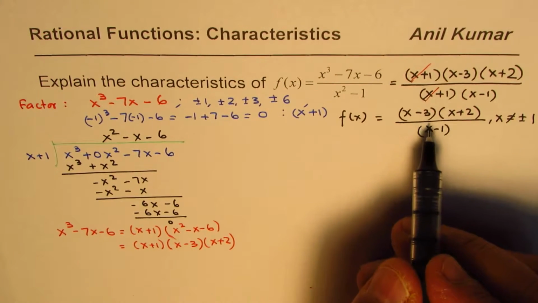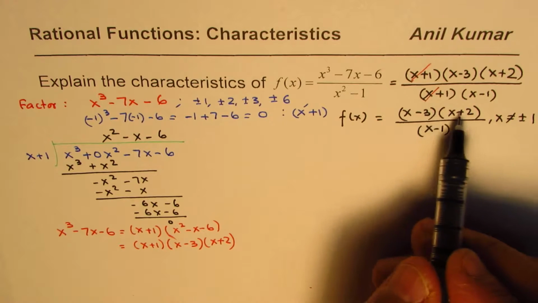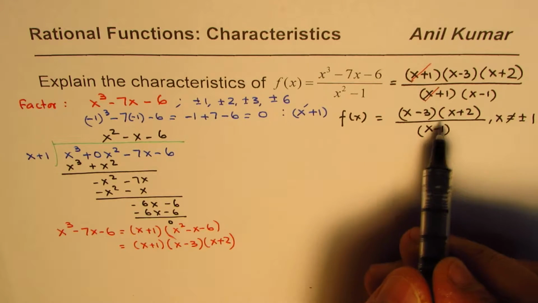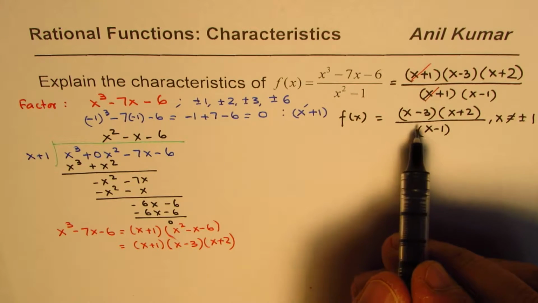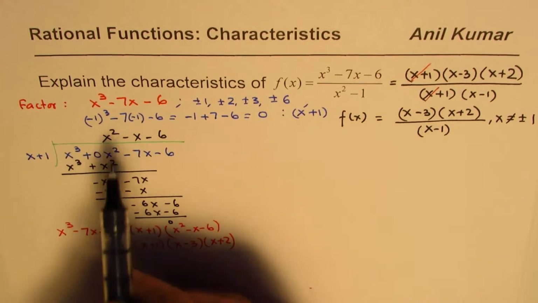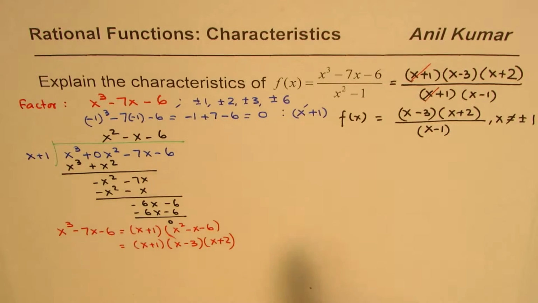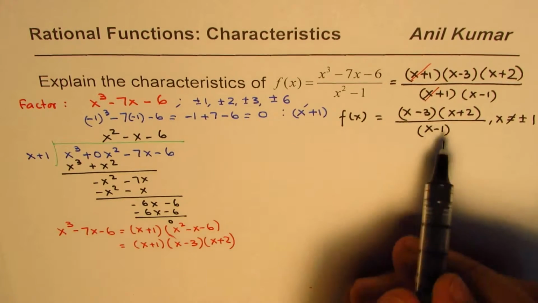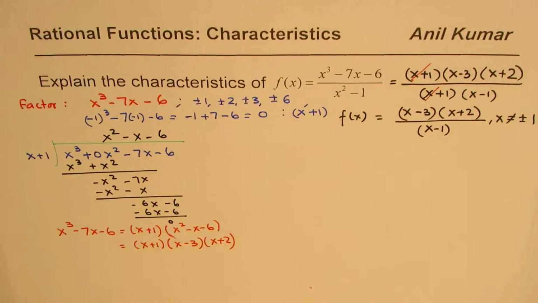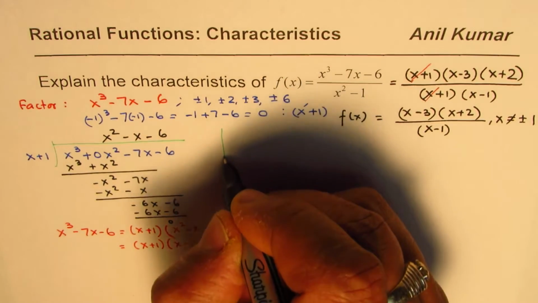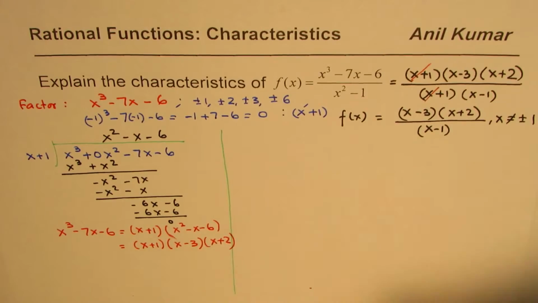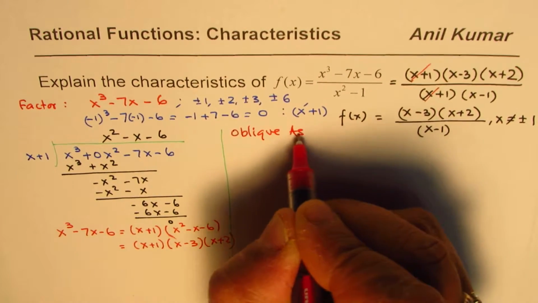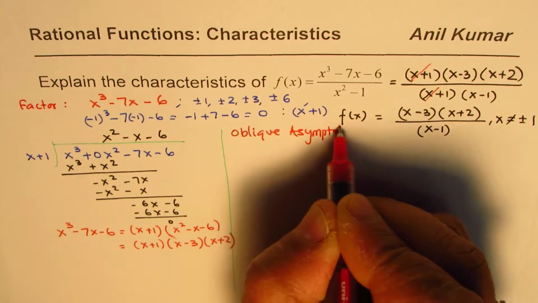Now we also understand that there is an asymptote. Since the degree is 1 higher for the numerator, there's also an oblique asymptote, right? So this is the numerator for us. If I divide x squared minus x minus 6 by x minus 1, we can get the equation of the oblique asymptote. So now we'll find the oblique asymptote, right?